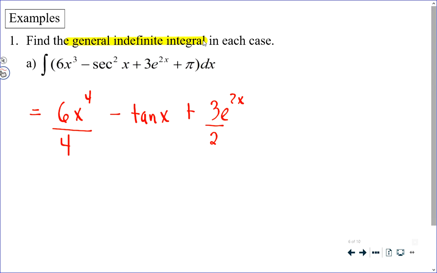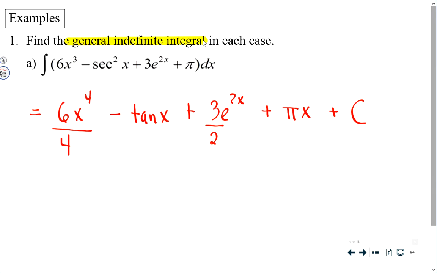And then we have the antiderivative of a constant, which is pi, and that will give you pi x plus our arbitrary constant. Because this is not an area, or because we're not evaluating this antiderivative in two places and subtracting the two values, we have to include the constant now again.